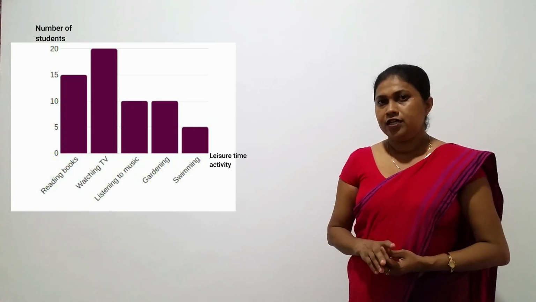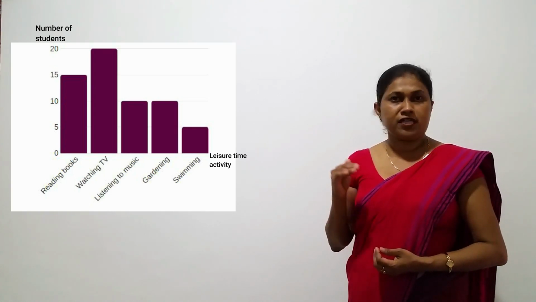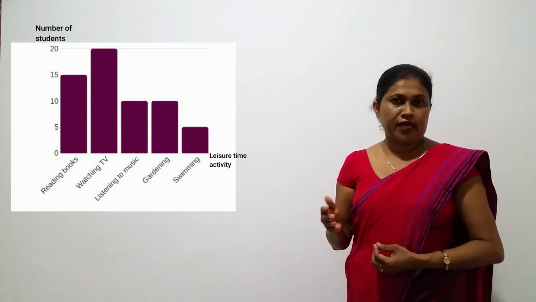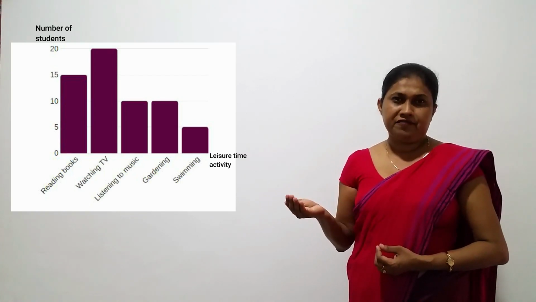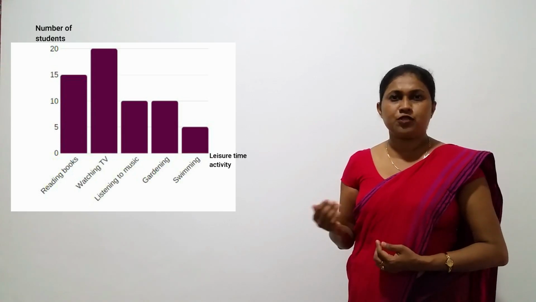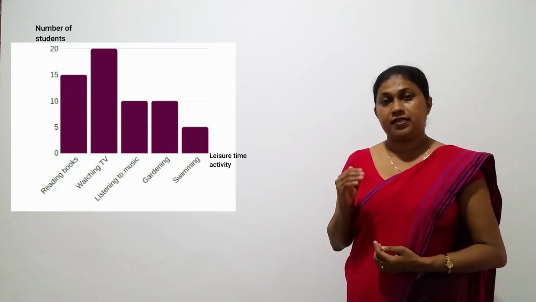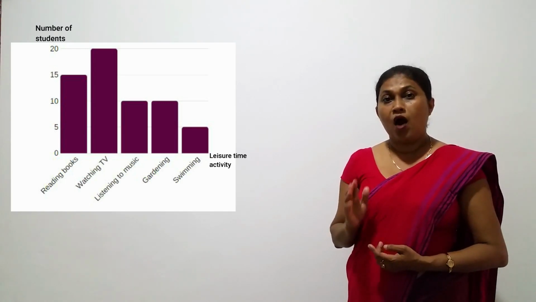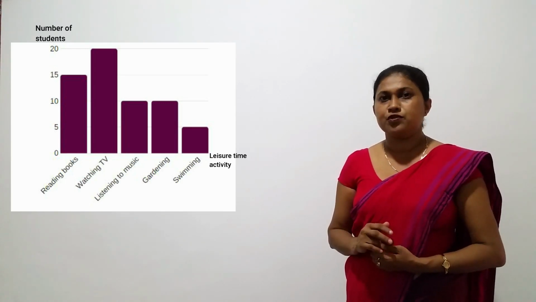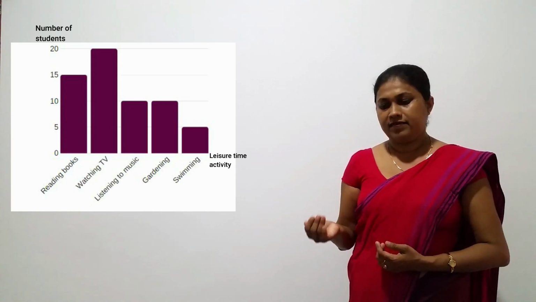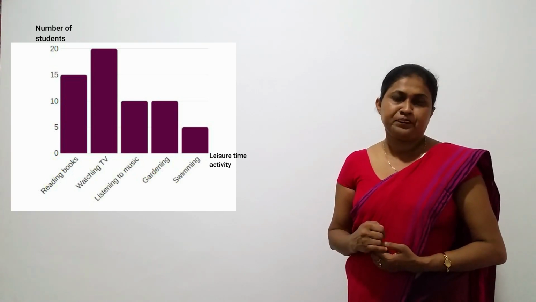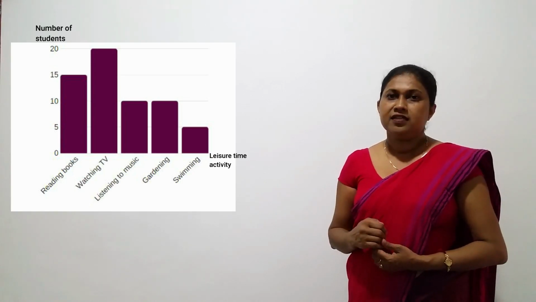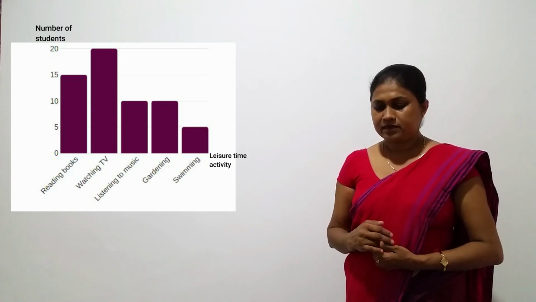We don't ask you to use all these words in sentences. You can use either 5 or 6 words. The best thing is to get familiar with how to make sentences using these words. Then whatever information is given, you can apply the sentence patterns and describe the chart.